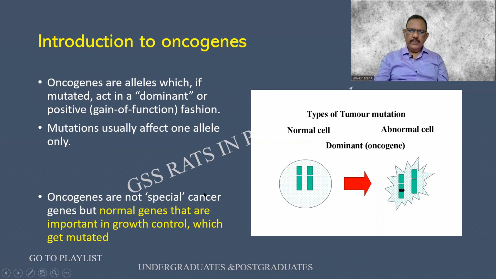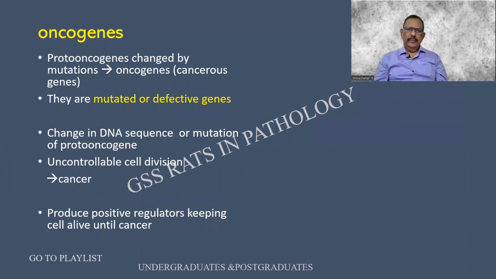Oncogenes are not special cancer genes, but normal genes that get mutated and are out of growth control. The genes get mutated, and hence they induce neoplasia. They are out of the regular growth control and repair mechanisms of the cell. The proto-oncogenes are changed into oncogenes by means of mutations, and they are mutated or defective genes as such.